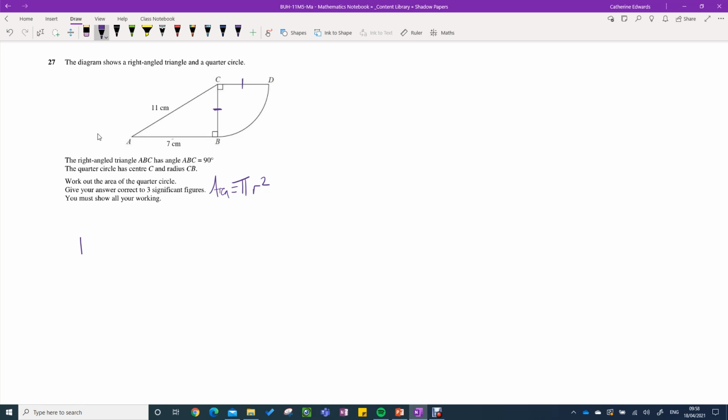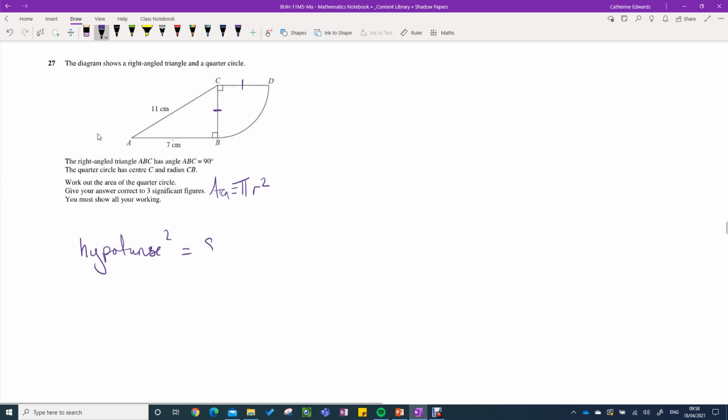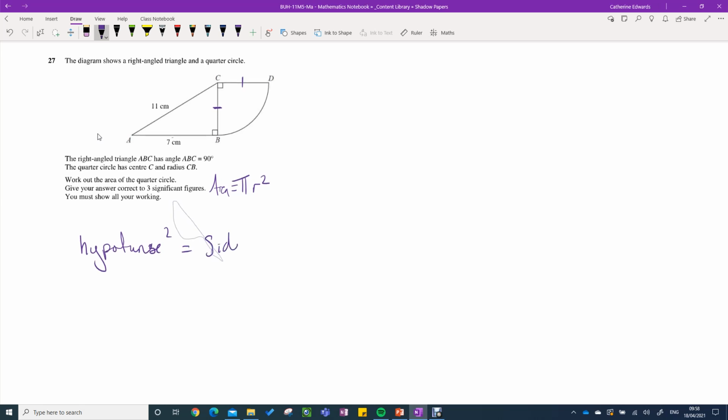Because Pythagoras' theorem says that the hypotenuse squared is equal to side 1 squared plus side 2 squared. So let's see, my hypotenuse is 11. My side 1 is 7 squared, and I don't know what my side 2 is. Oh, but I do know that it's the radius, so I'm going to put radius squared.